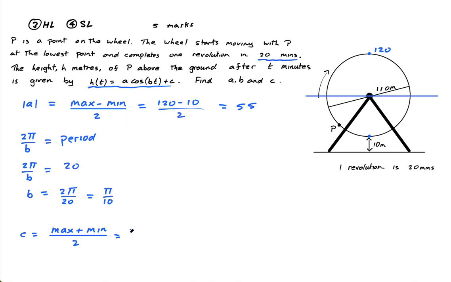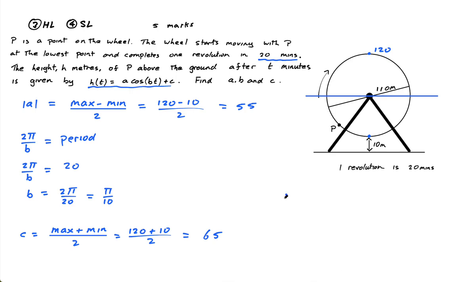So the max is 120. The min is 10, and then divide by 2. The max plus the min, 120 plus 10 is 130. Divided by 2 is 65. So C is 65.